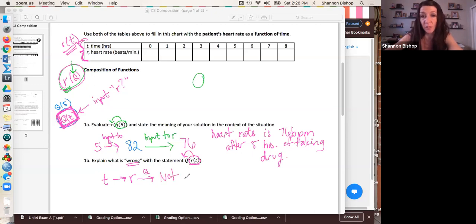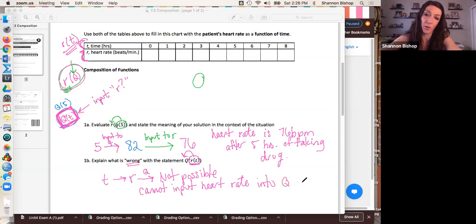So this is simply not possible. You cannot input heart rate into the Q function. There is no Q of R.